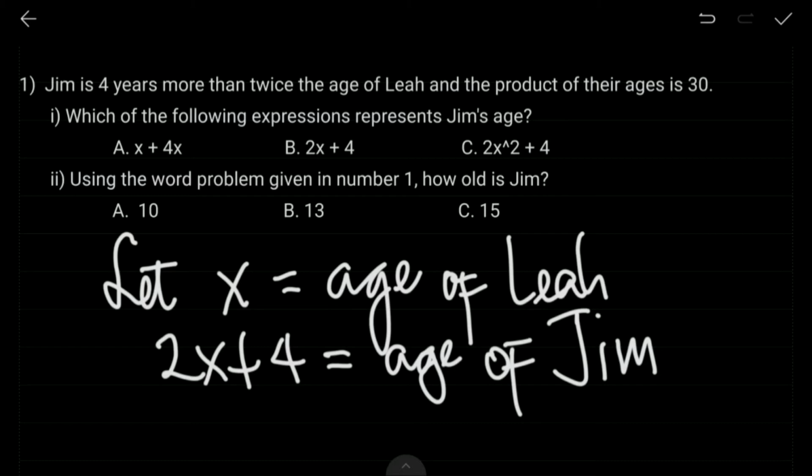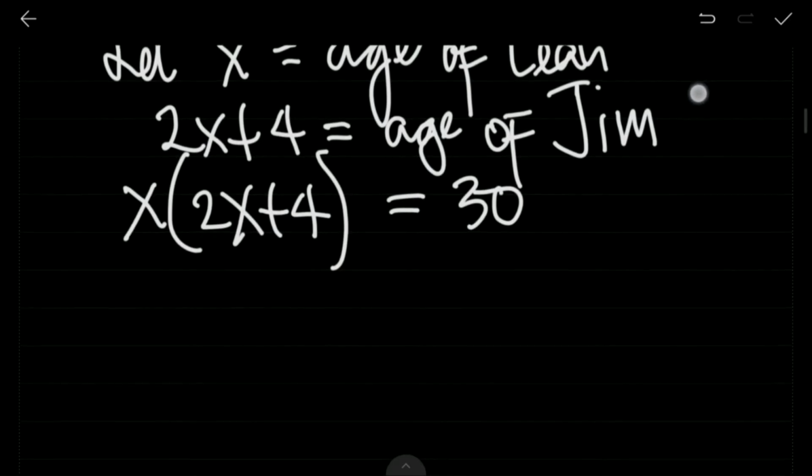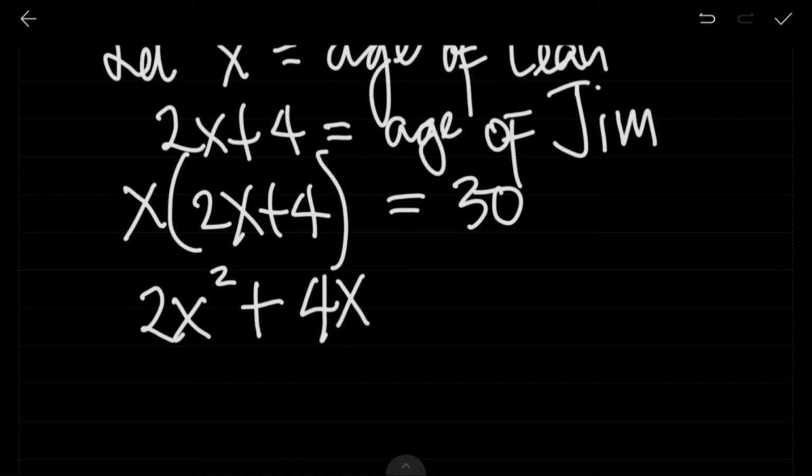So we are going to multiply x times 2x plus 4, and that is equal to 30. Then we will simplify. x times 2x is 2x squared plus 4 times x is 4x, and that is equal to 30.